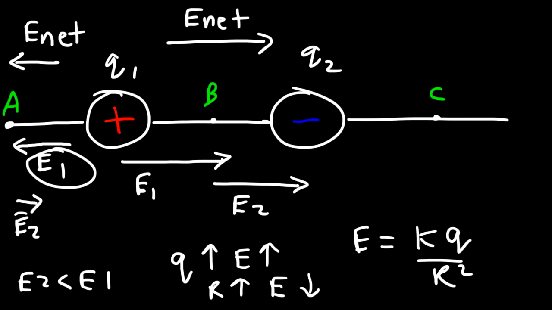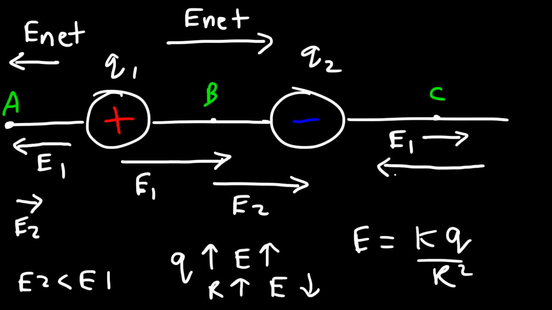is greater than E2. Now at point C, E1 is going to emanate away from the positive charge towards point C, so it's going in this direction. And E2 is going to point towards Q2, that is, towards the negative charge. And it's going to be bigger because point C is closer to Q2 than it is to Q1.